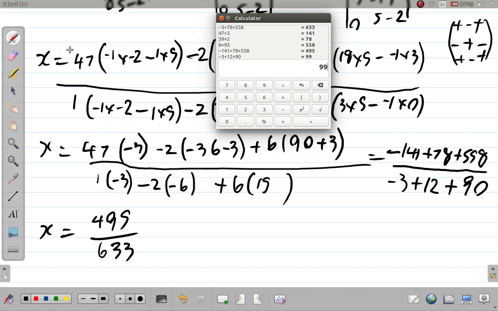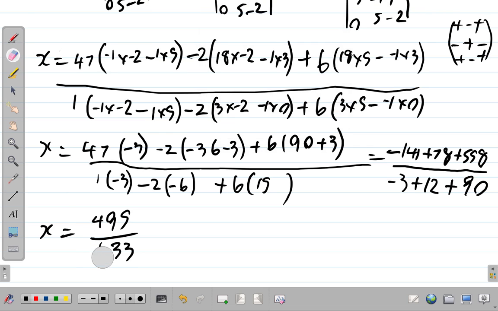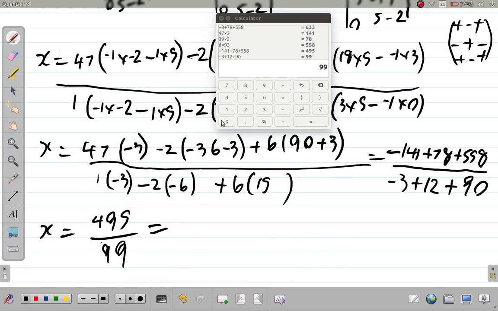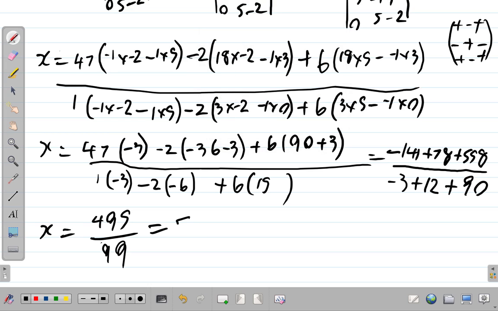So this should be 99 then. Right? So then 495 over 99. If you say 495 over 99, what do you get? 5. So I get x equals 5.